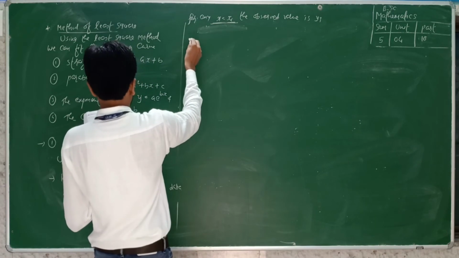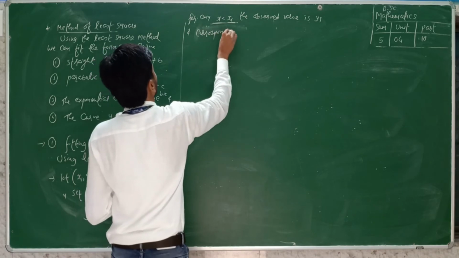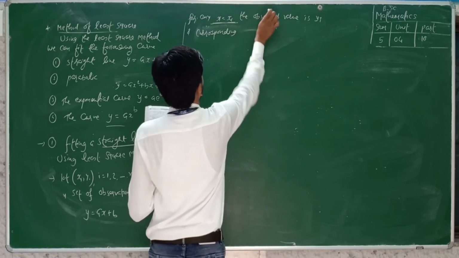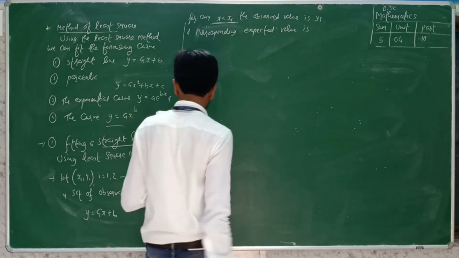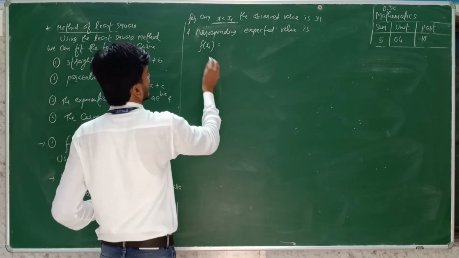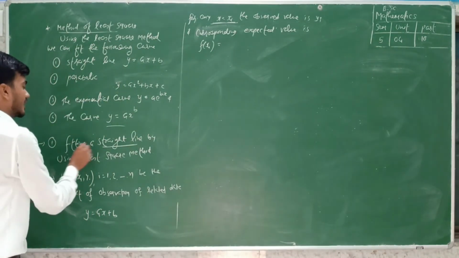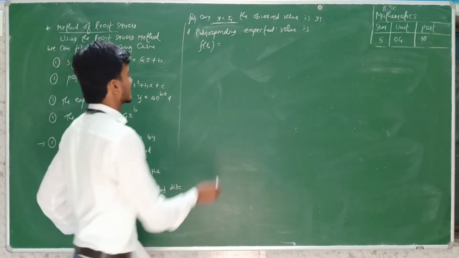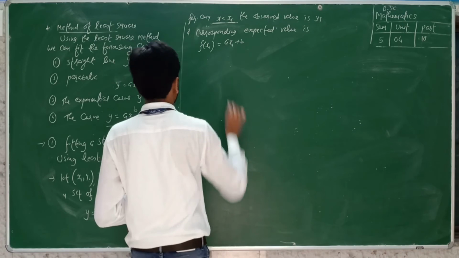And the corresponding expected value, as we have discussed, we represented as f of xi. So for the expected value as a straight line, f of xi is equal to axi plus b.